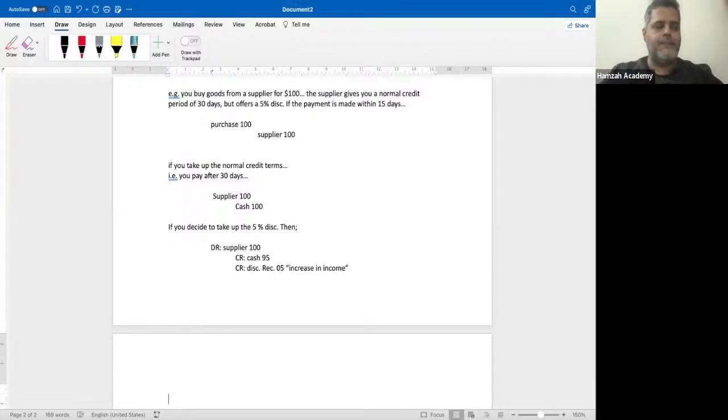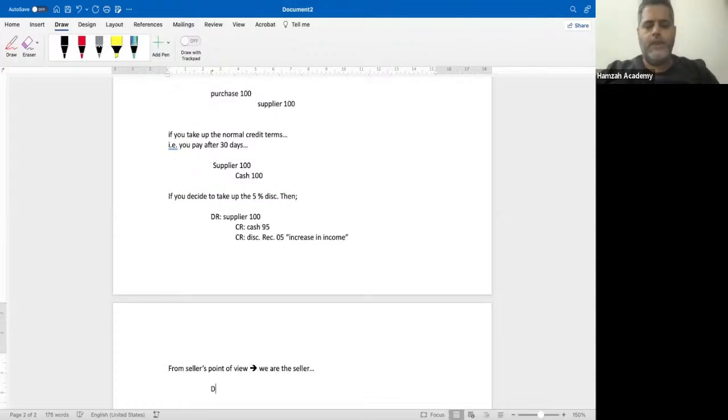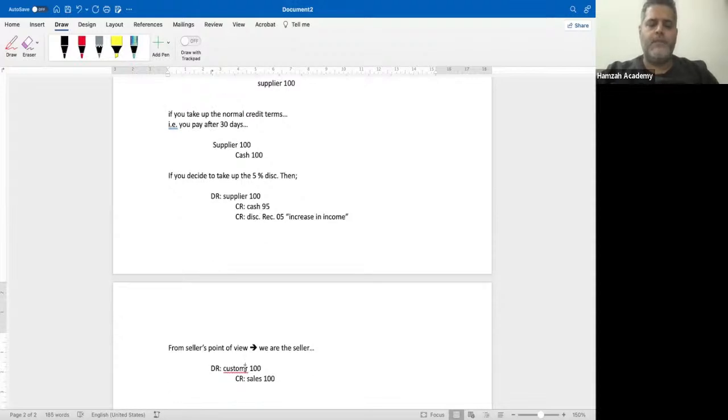If your liability has been reduced, this is something which we are going to call the discount received. Right now, from the seller's point of view, let's say we are the seller, then we are going to debit the customer with 100, and we are going to credit the sales with 100, right?